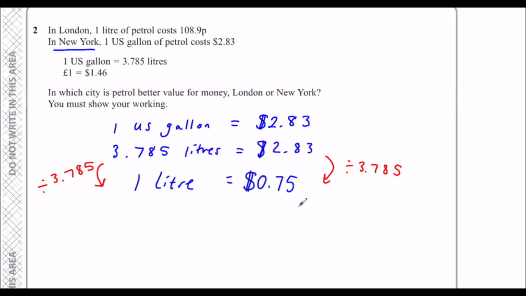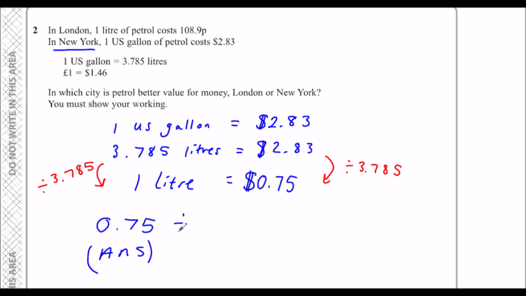Now I need to change 75 cents into pounds, using the whole number, so I'm going to use the answer button on the calculator. To go from pounds to dollars, I times by 1.46, since 1 pound is $1.46.